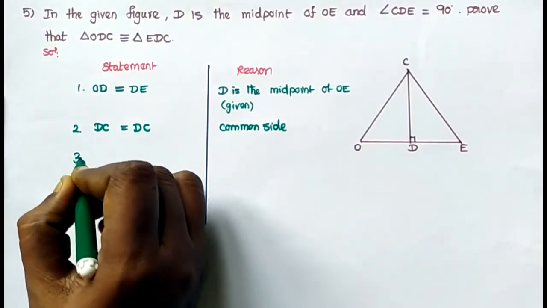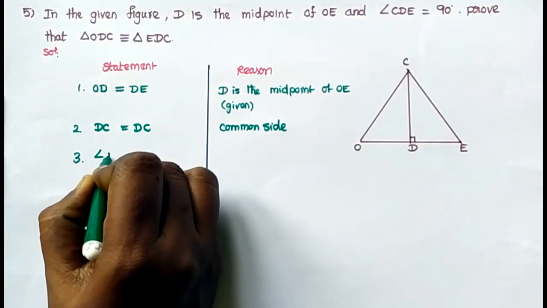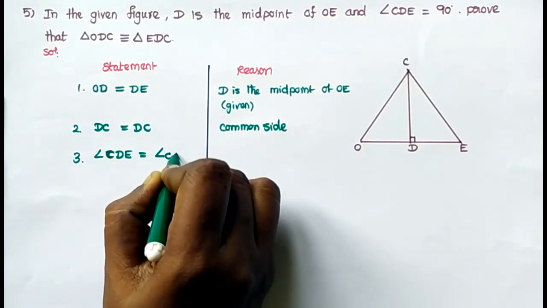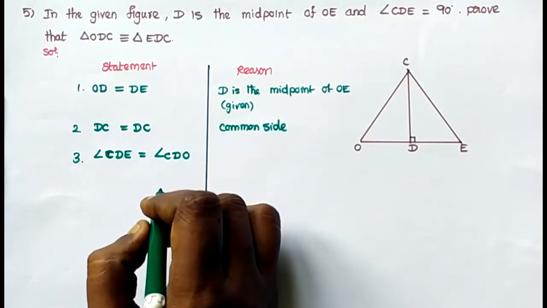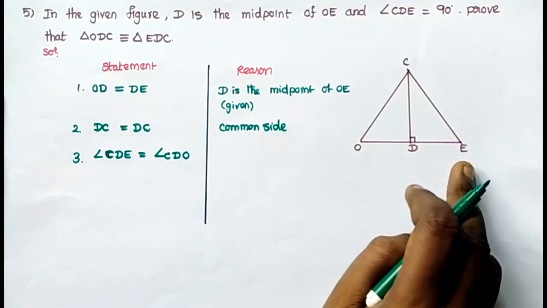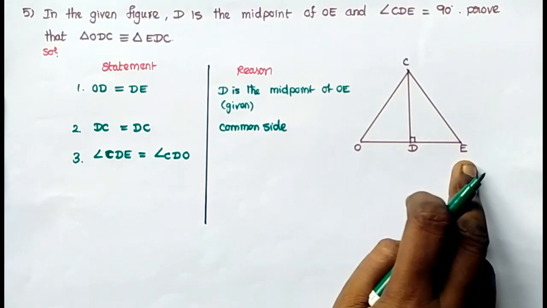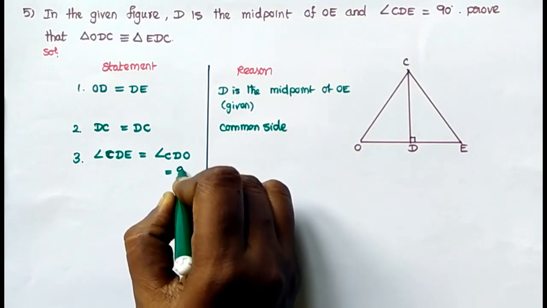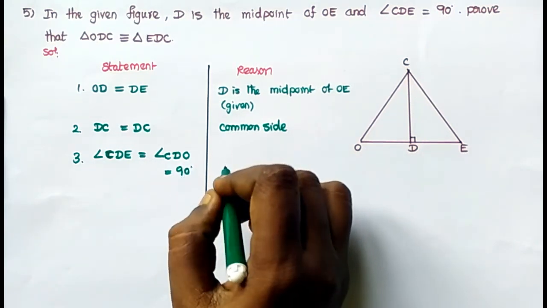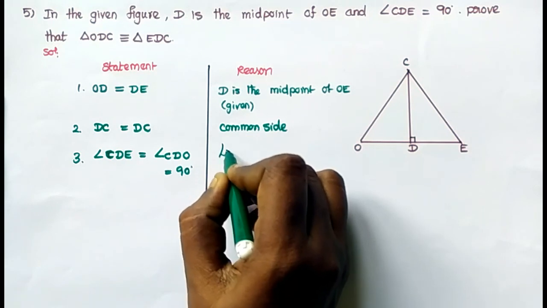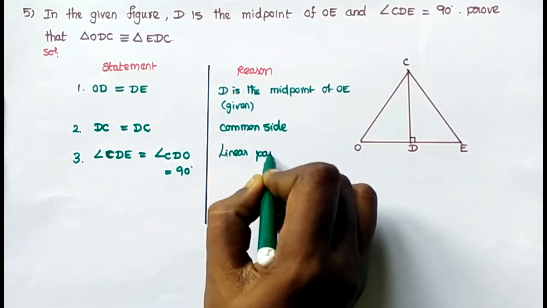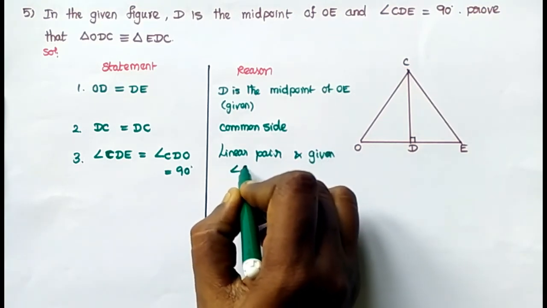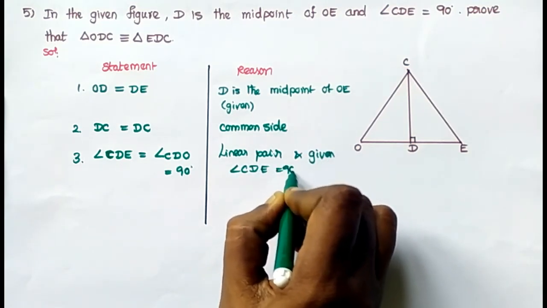Next, angle CDE is equal to angle CDO. Yes, that is 90 degree right angle. Linear pair, and given angle CDE equal to 90 degree.